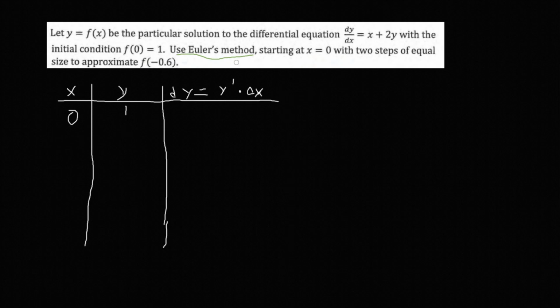But we don't have to do that. So, what is our step size? 2 equal steps to approximate negative 0.6. So our delta x is actually, let's write this down. Our delta x is negative 0.3.